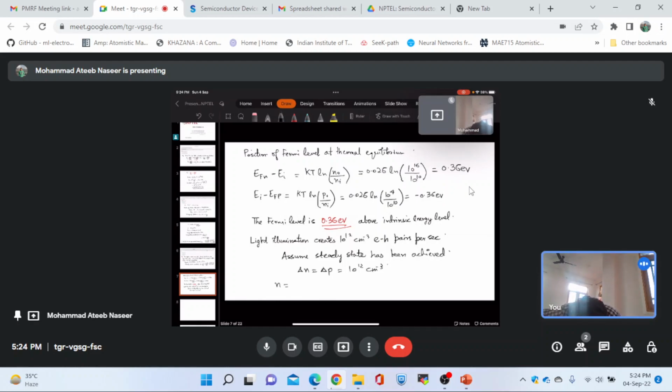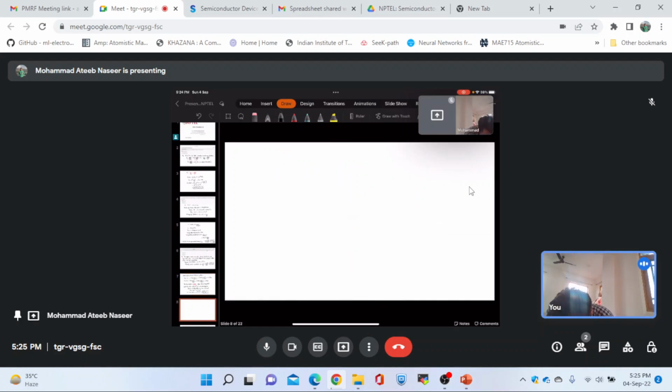for electrons, N naught, the equilibrium concentration, plus this delta N, which is 10 to the power 16 plus 10 to the power 12, and it will approximately be equal to 10 to the power 16 per centimeter cube. So for the majority carriers, there is no significant change by this light illumination. Now, the minority carriers will significantly be affected.